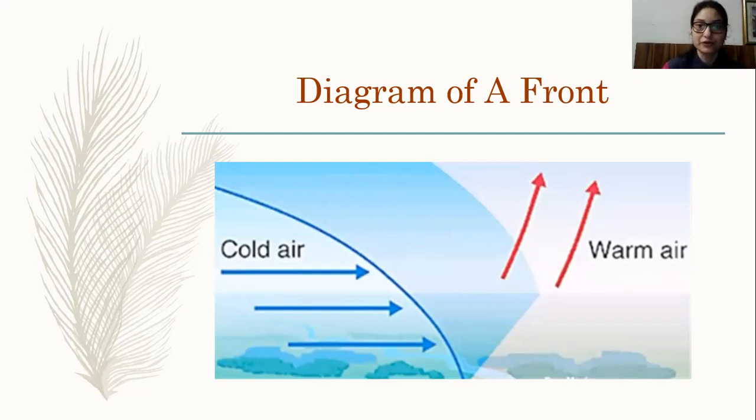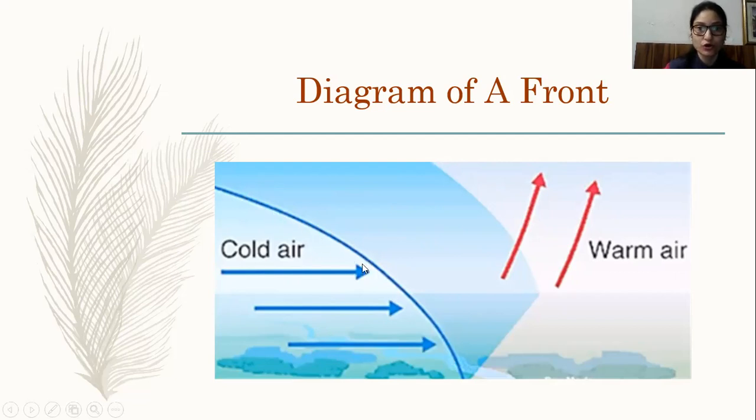In this diagram, you can see this red color arrow is pointing upwards. This is the warm air. And the blue color arrow, which is pointing in the horizontal direction, is representing the cold air. And this blue color line that you are seeing over here is a zone.